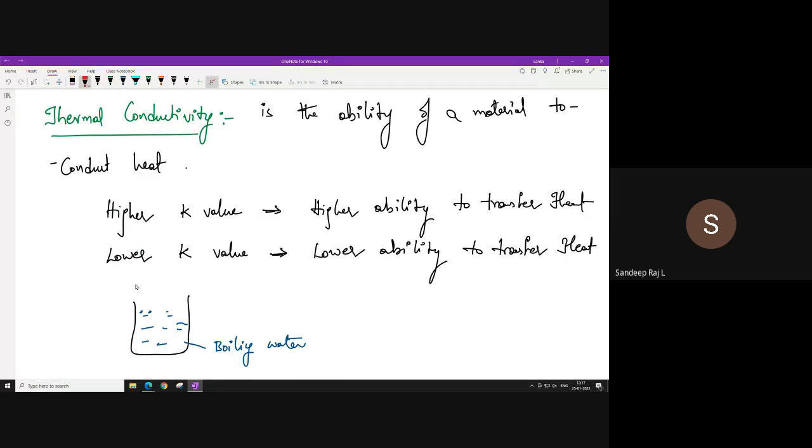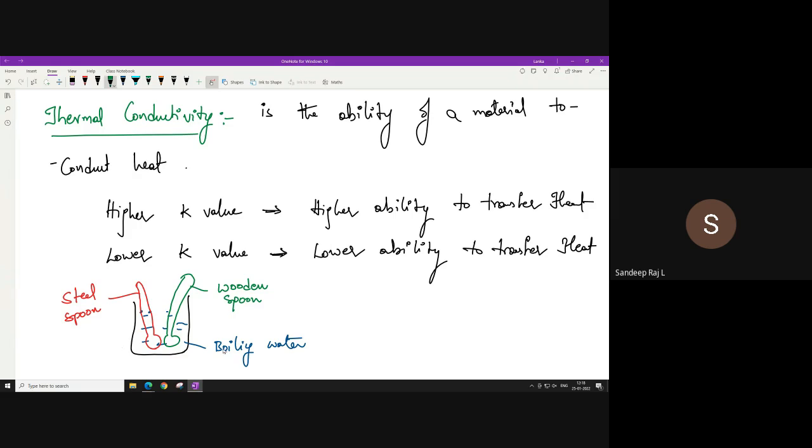Let me say it is a spoon made of steel. It is a steel spoon, and I will have one more spoon here. This is made of wood. I will call it a wooden spoon.